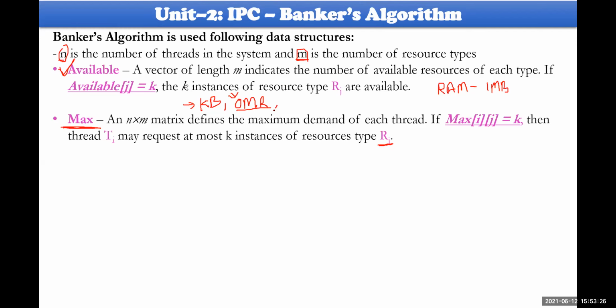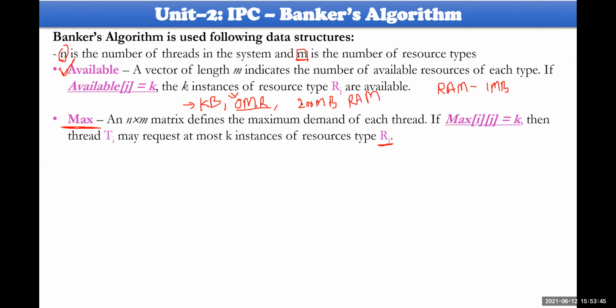Similarly, to execute all instructions of your thread, you may require, for example, 200 MB of random access memory space. But initially 200 MB is not required; initially 20 MB is required.